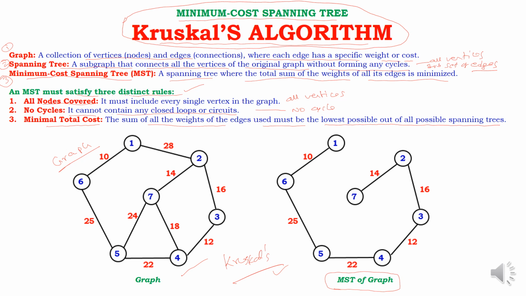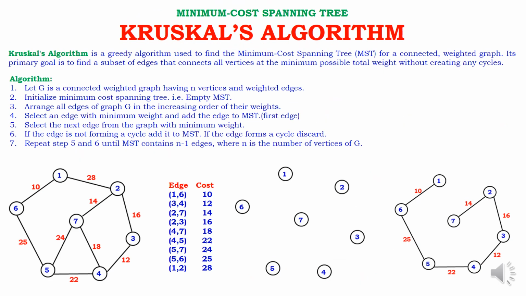Now let me explain how to create a minimum cost spanning tree using Kruskal's algorithm. Kruskal's algorithm is a greedy algorithm used to find a minimum cost spanning tree for a connected weighted graph. See here, this is a connected graph, meaning all nodes are connected with edges having some weights.